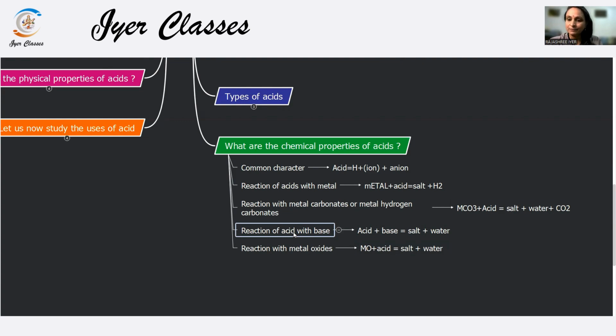Now, what happens when an acid reacts with a base? This is a special type of reaction called the neutralization reaction. Here, acid reacts with base to give you salt plus water. The next one is the reaction of acid with metal oxides. Metal oxides behave as if they are also bases. So if a metal oxide reacts with an acid, it will give us salt and water.